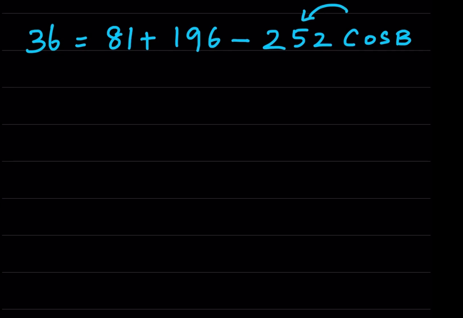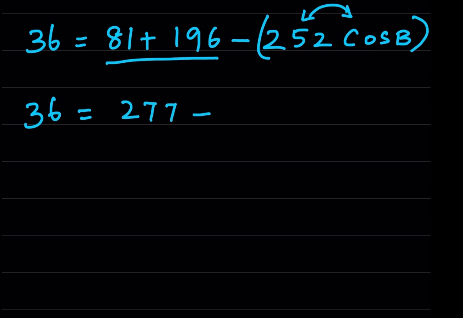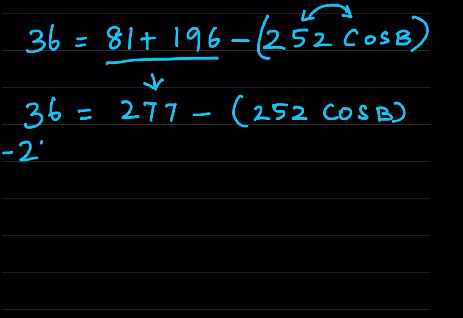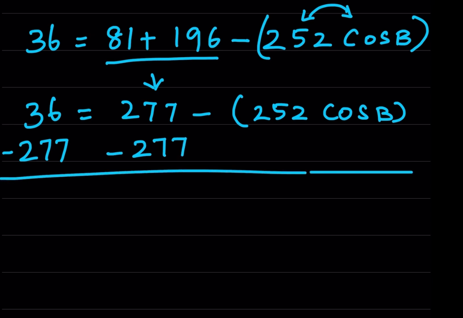Since we have to multiply these two, I'm going to put these two in parentheses. So 36 is equal to, I'm going to add these two. 81 plus 196 is 277 minus 252 cos B. Now we have to remove 277. So I'm going to subtract 277 on both sides so that the equation doesn't change.